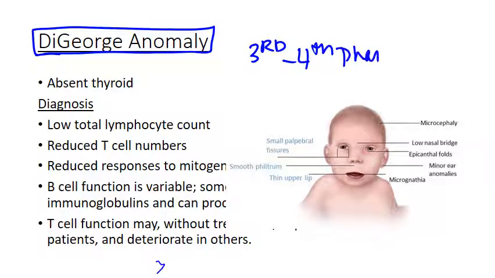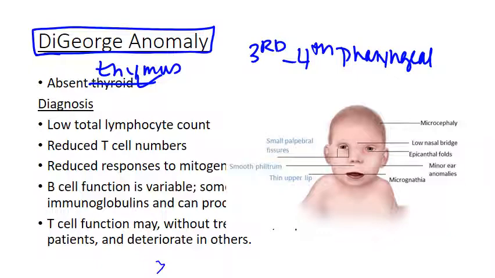This happens at about 6 to 12 weeks of gestation. The result is absent thymus. I don't know why I wrote thyroid there. But it's basically thymic hypoplasia. You also do have hypoparathyroidism, but for the purposes of my video, the thymus is a little bit more important.